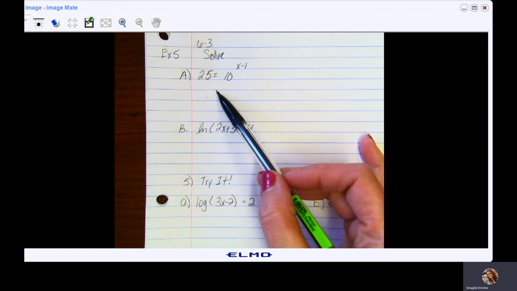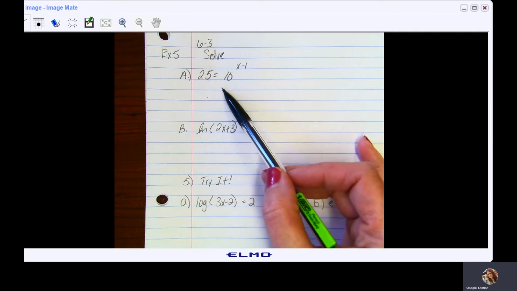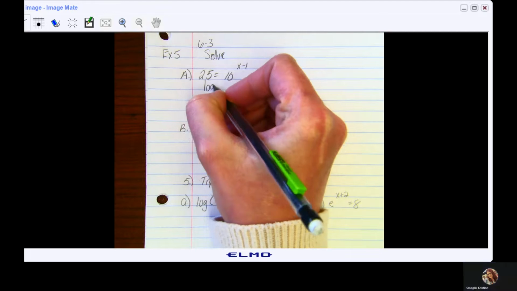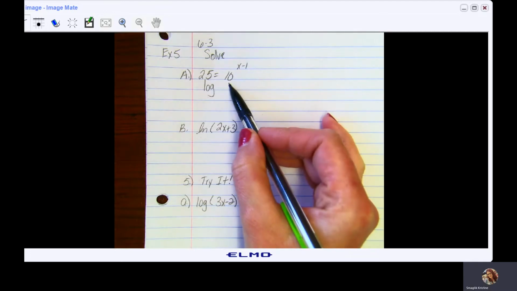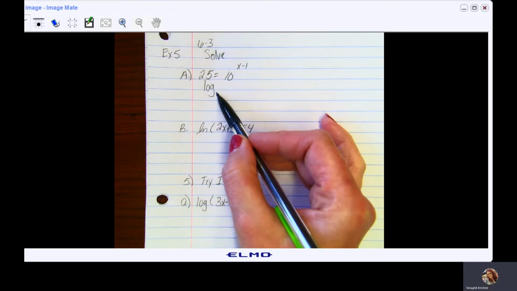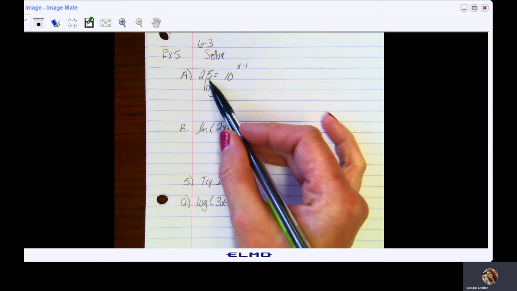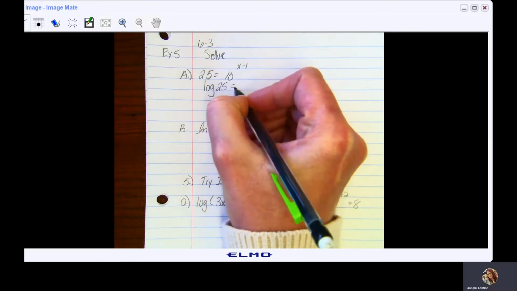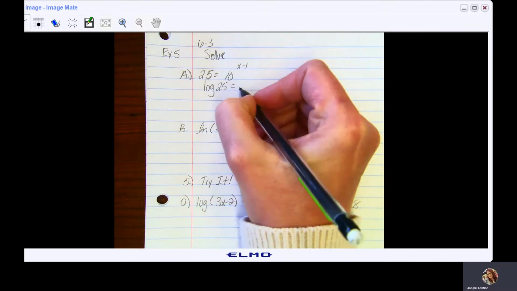Best way to do that is we're going to write this in logarithmic form. So let's start out, we'll do log. Now my base is 10, so this is the common log. I don't need to write it. The result or the argument is 25 equals, and then the exponent is x minus 1.